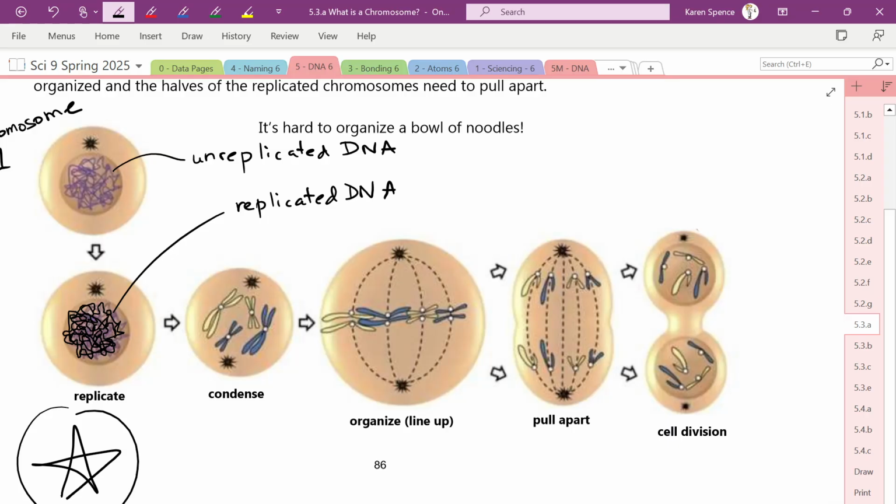They line up. There are string-like structures that pull everything to either side of the cell, and then the cell pinches in half. And this whole process, and we're not going to learn this officially, is called mitosis.